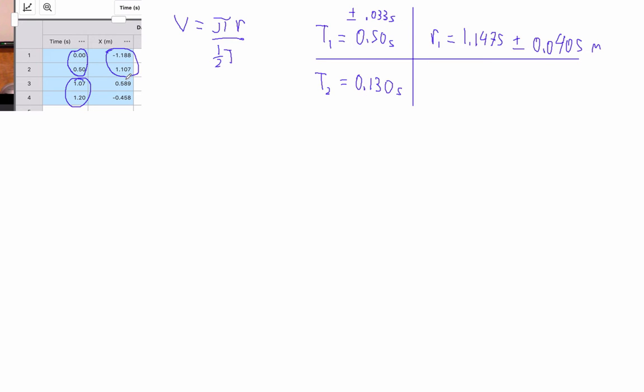Okay. Now to figure out the radius r2, I'm going to average the absolute values of those. Okay, so parentheses 0.589 plus 0.458 divided by 2, so 0.5235.